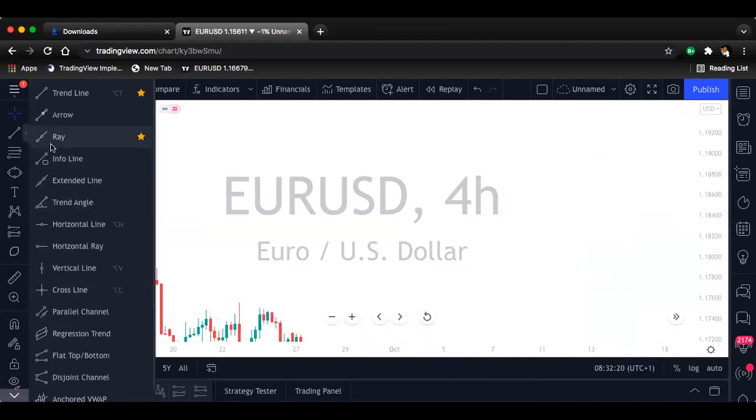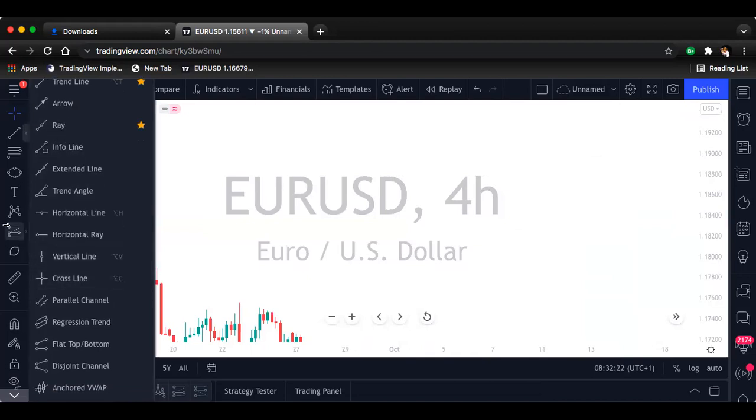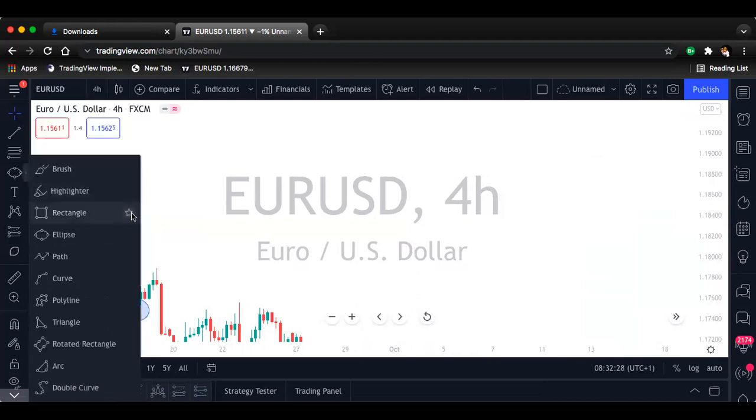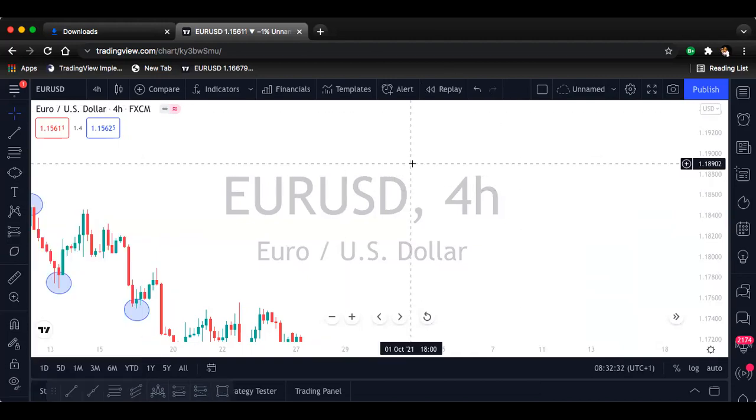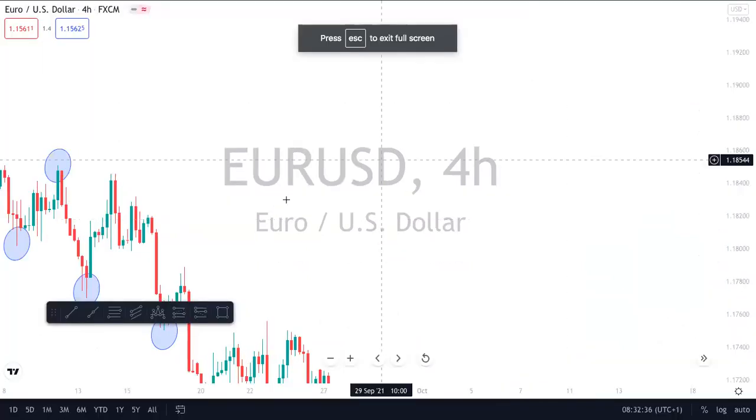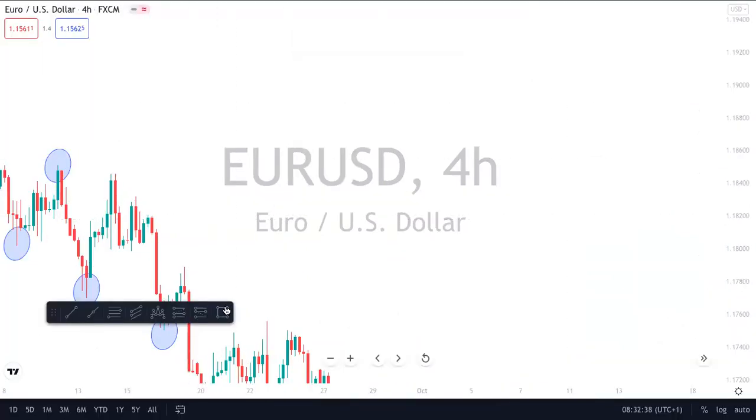So a swing is a three candlestick pattern.